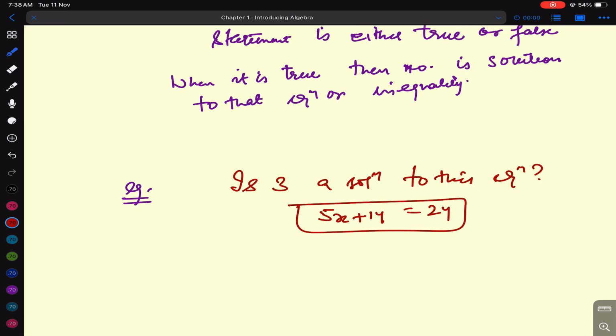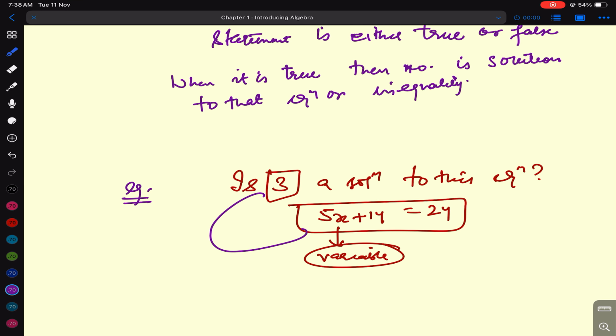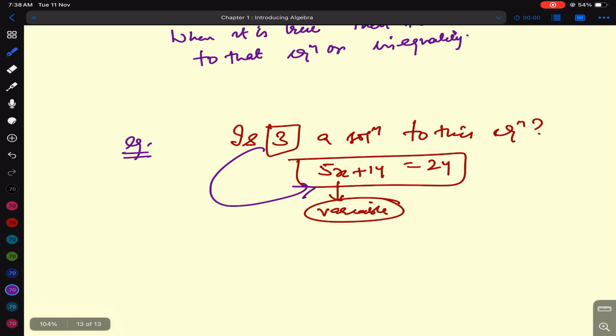What is x here? X is a variable, correct? Since we are verifying 3 as a solution, we will substitute x with 3.